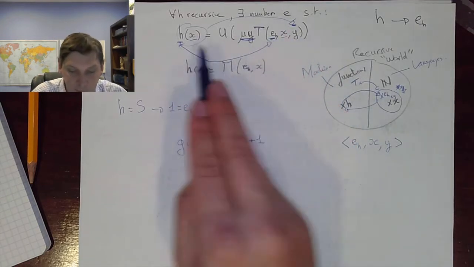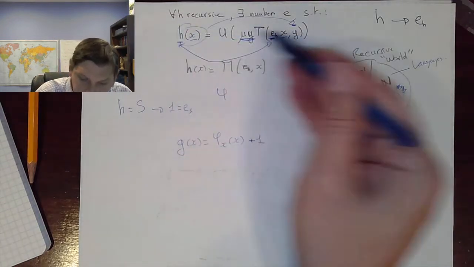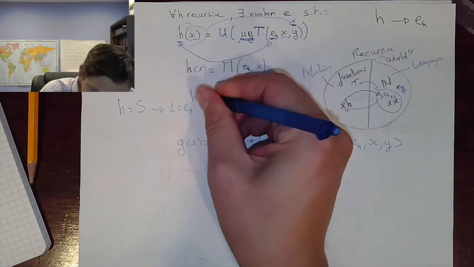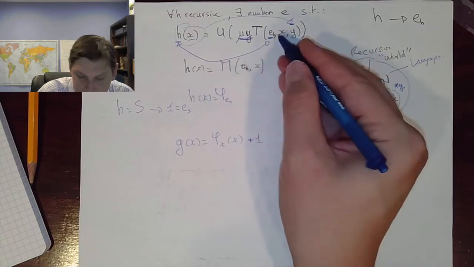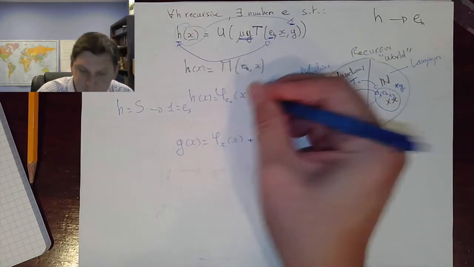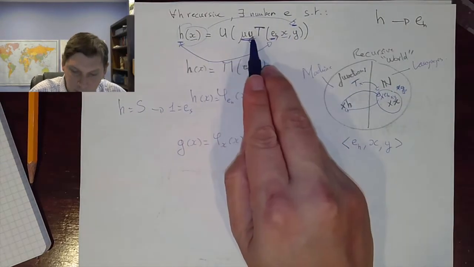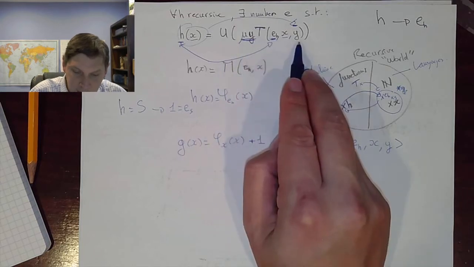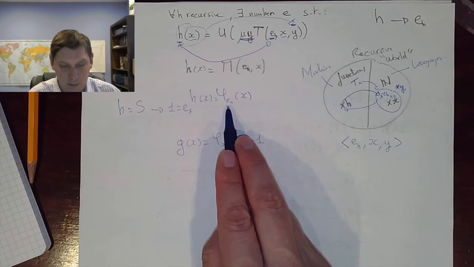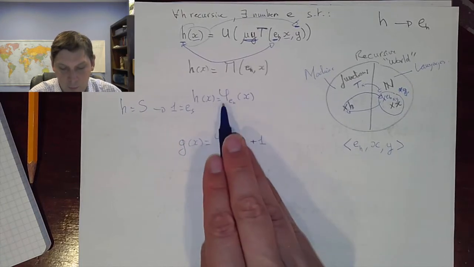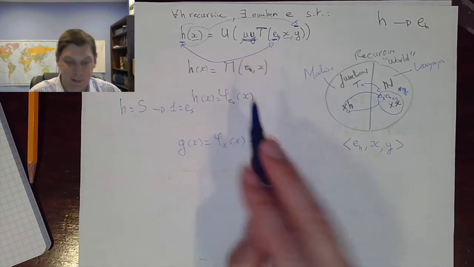Another way to write this in a very simple way is to say h of x equals phi e of x. It doesn't depend on y again. It depends only on e and x. So if I put e as a parameter of the function, I can say that h of x equals phi e of x.